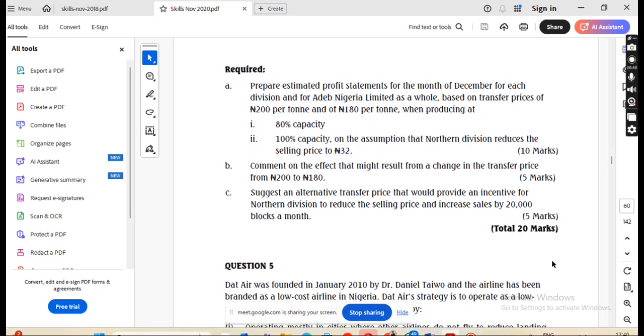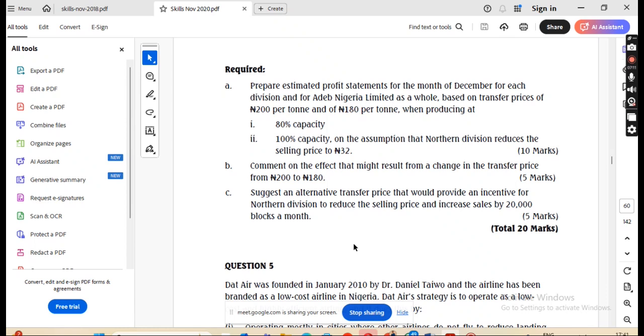An alternative transfer that will provide an incentive for northern division to reduce the selling price that it will sell to external and increase the sales by 20,000. When it reduces the selling price, more customers will come and buy from the northern division.